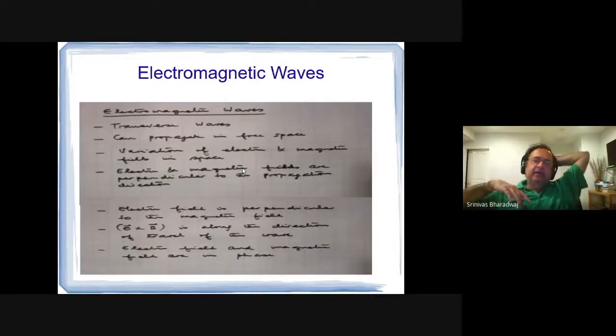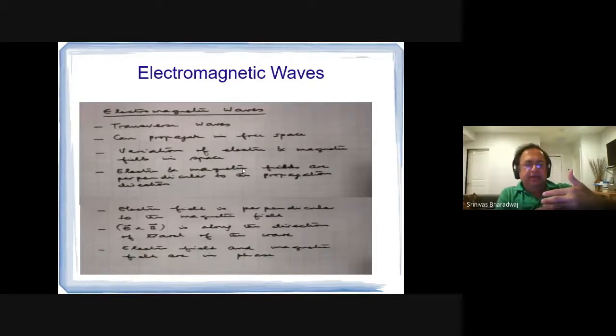The electric field and the magnetic field are perpendicular to each other, and they are both perpendicular to the direction of propagation of the wave. So if this is x, this is y. The direction of transmission of the wave is in the direction of E cross B.